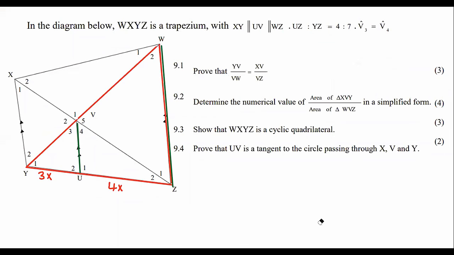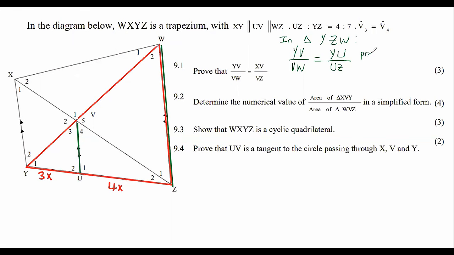So let's go write that down. In triangle YZW, we can say that YV over VW is the same as YU over UZ. Now there are two main reasons you can use.